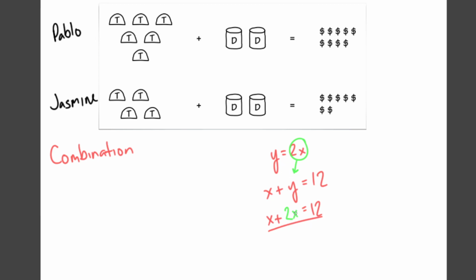The reason that we could solve for x was because there's no longer any y values here. It's only x values. Our goal is still the same thing. Combination is a different way of eliminating at least one of the variables so that we can solve for one of the things.